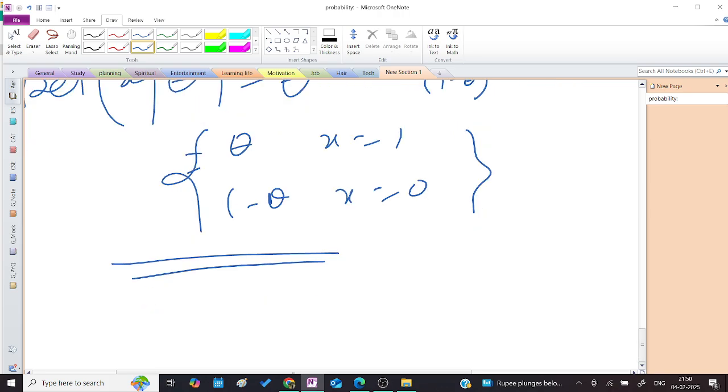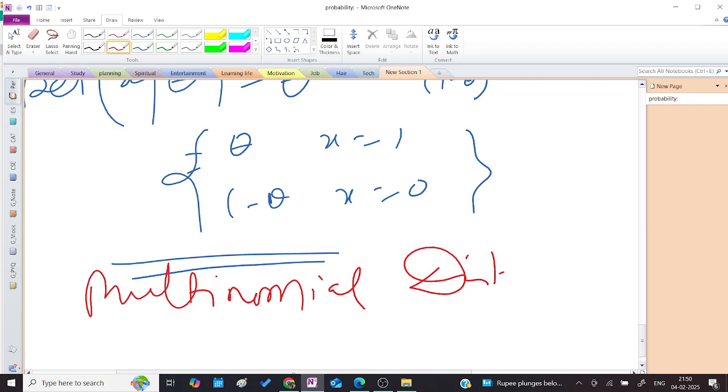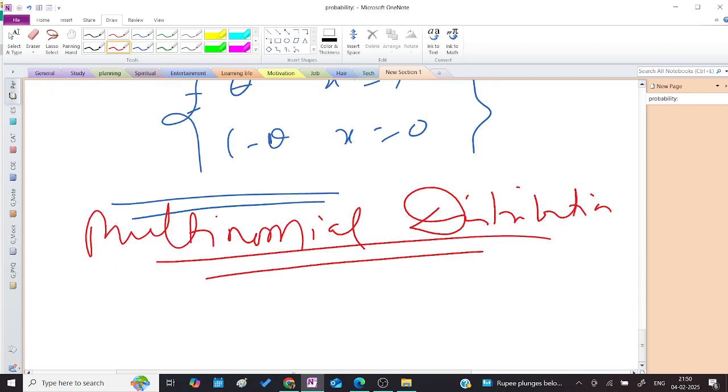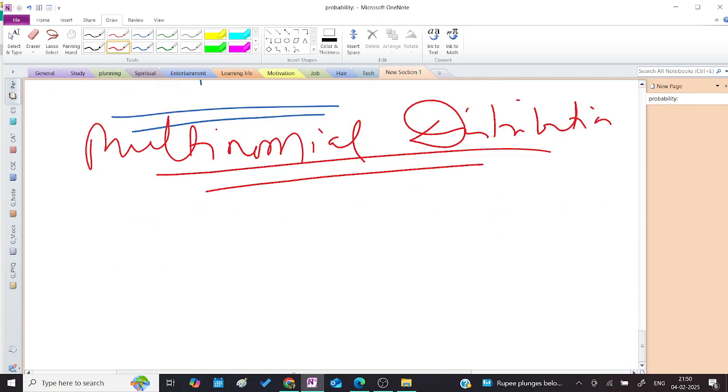So similarly we can define the multinomial distribution also. So instead of only two states like head and tail, if there are k number of states, for example, if we are tossing a die and want to find the probability.